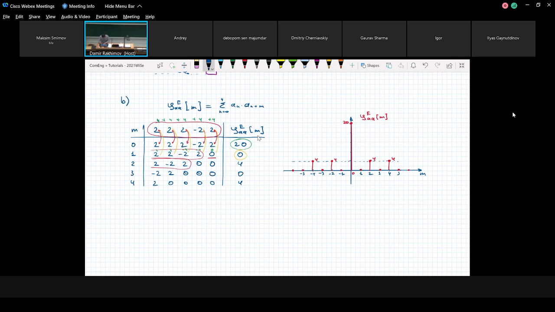I just copy the same plot. I name it phi u delta of tau. Now you see that we are working in the delay domain, not the time domain.